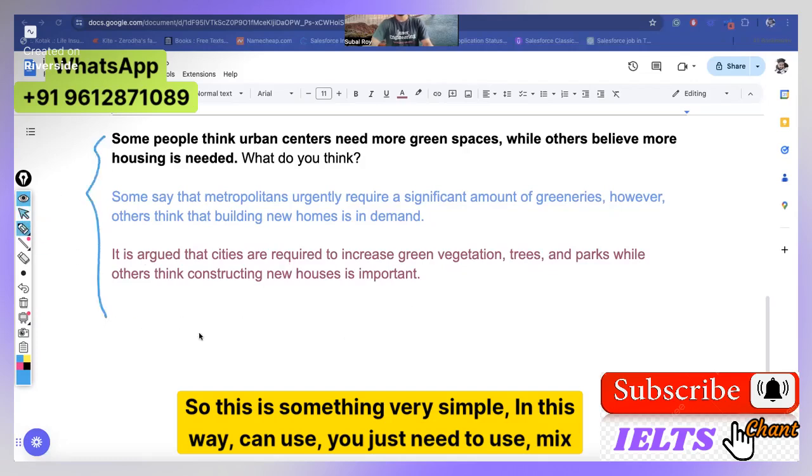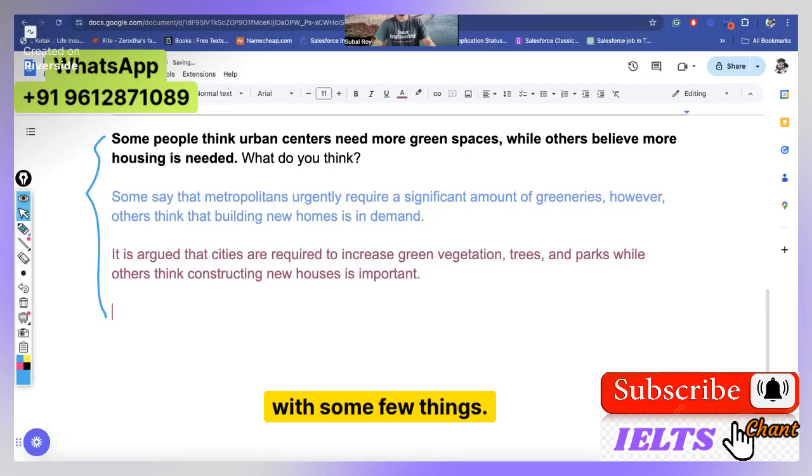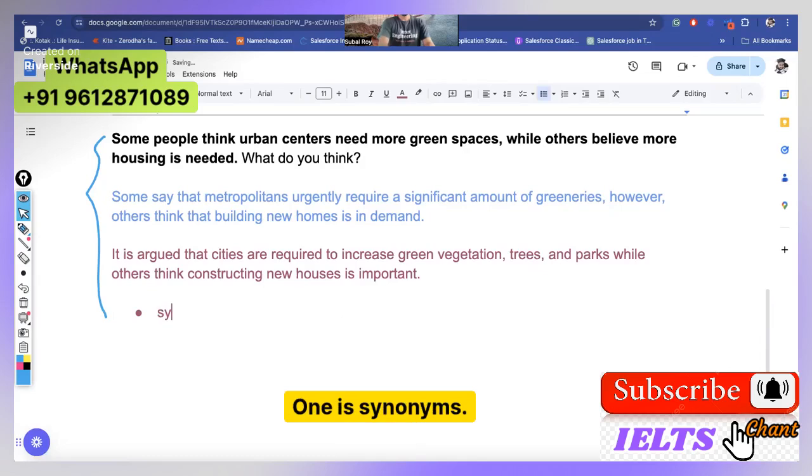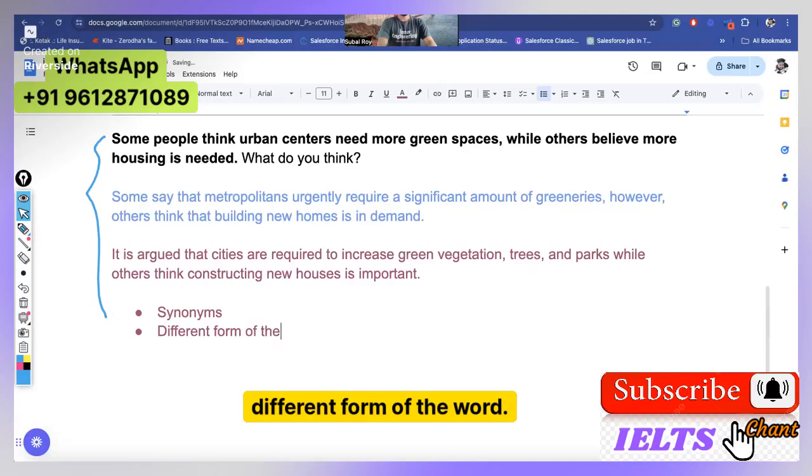In this way, you just need to mix a few things. What are the things we have used here? One is synonyms and different forms of the word.